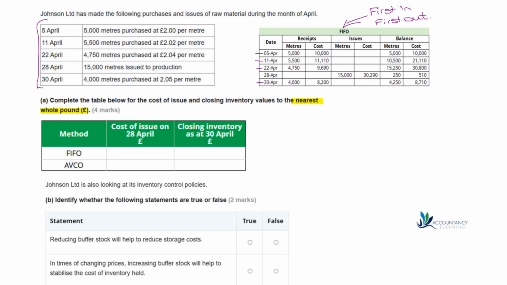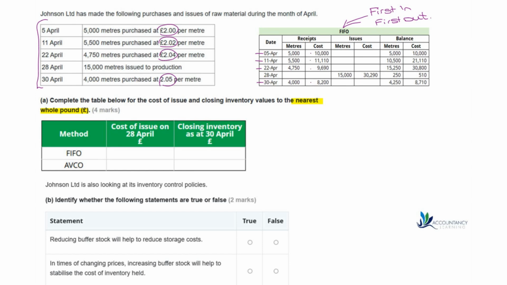I've put in the number of metres and then using the individual cost prices here, I've then worked out the total costs for each of the receipts. I've then put in the balance column so that we get a cumulative total for each of the metres that we've got in stock and the cost. So the metres simply add together, as do the costs.